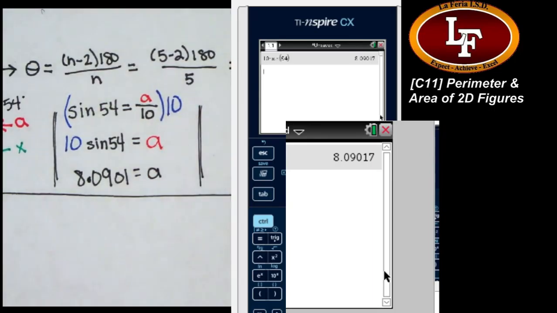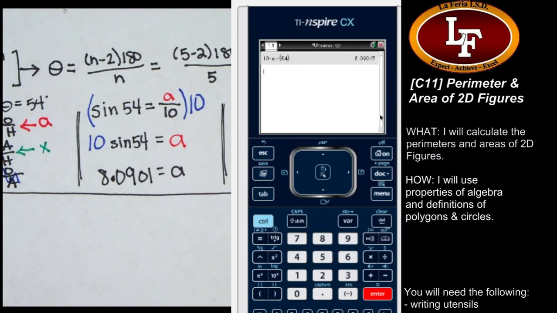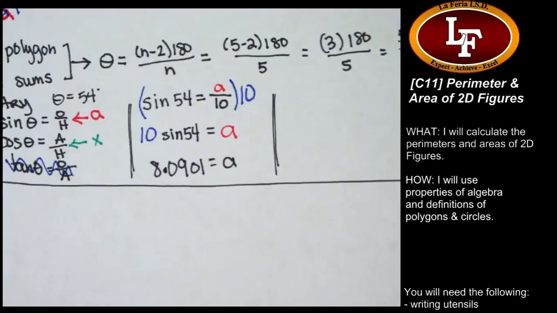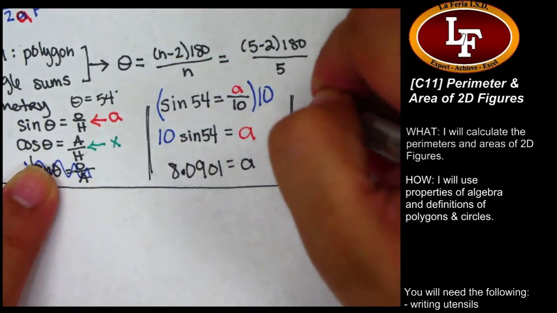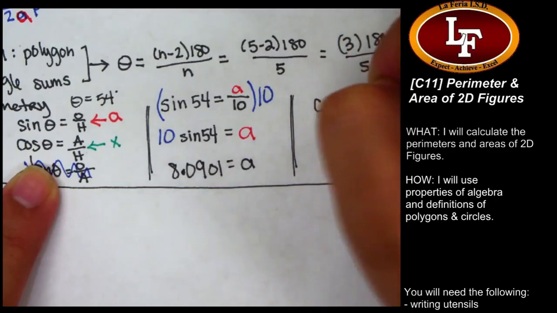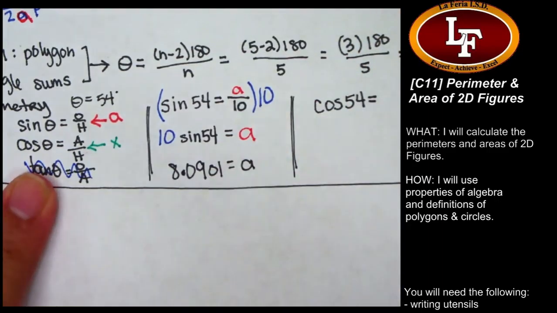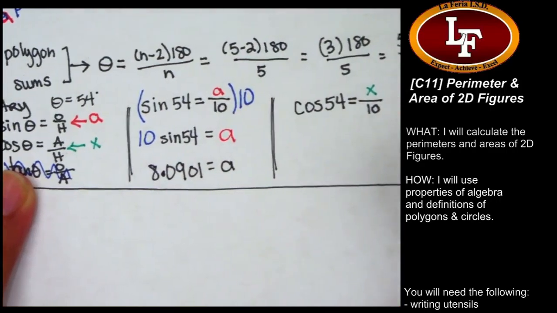Okay, let's go ahead and set up and look at the cosine. I'm going to go ahead and close my calculator app for now so that we can see our cosine. Here it is. Remember that the adjacent one was x because the radius was the hypotenuse. So I'm going to go ahead and fill in what I know. The cosine of 54 equals the outside edge of the polygon divided by the radius of the polygon.